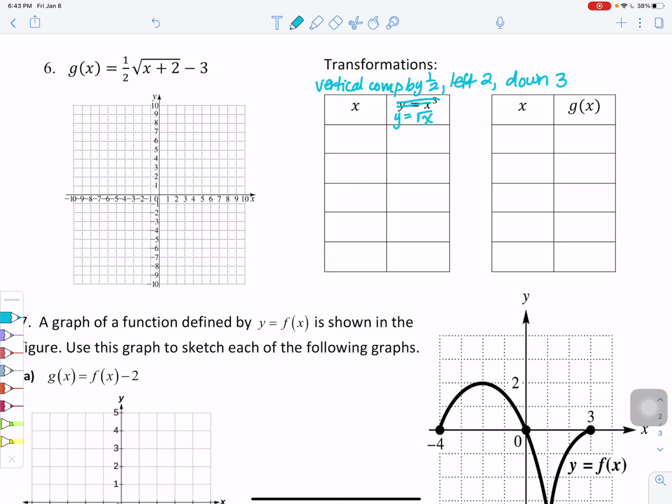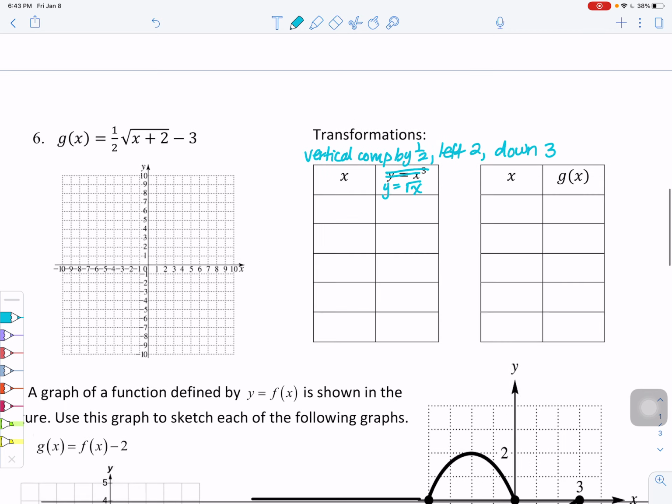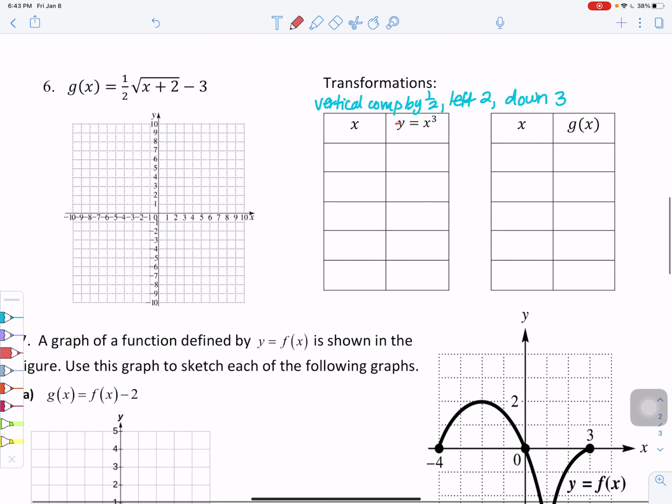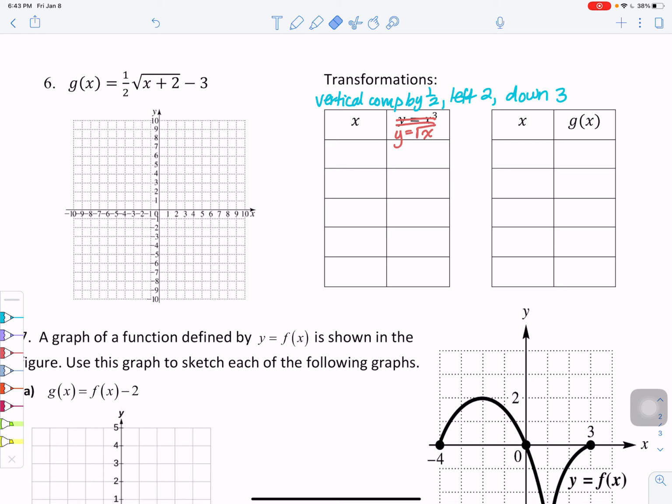Now, let's go ahead and put a few points on our square root function. Let me just change this color so I can stay with it. Y equals the square root of x. So we'll go ahead and just have 0. Whoops. We can't take the square root of a negative number. So 0, 1, 4, 9.